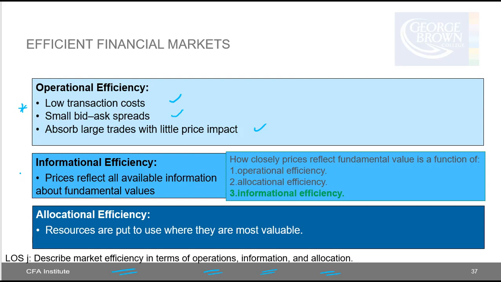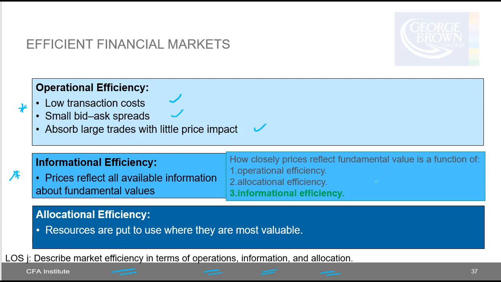Moving on now to informational efficiency. Informationally efficient prices reflect all available information about fundamental values. They are crucial to an economy's welfare because informationally efficient prices help ensure that the resources available to the economy, such as labor, capital, materials, and ideas, are used wisely.